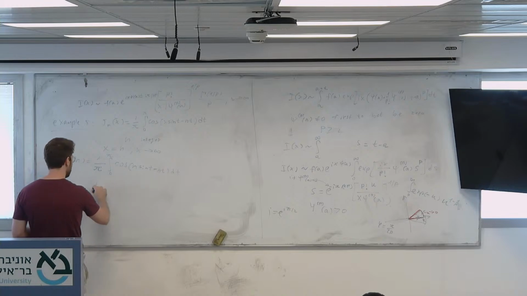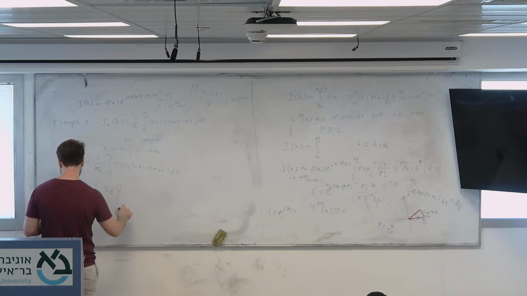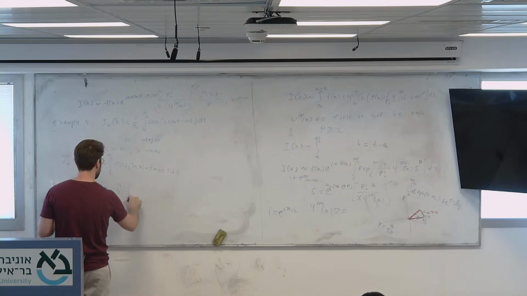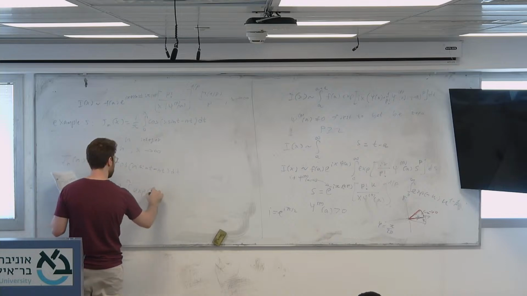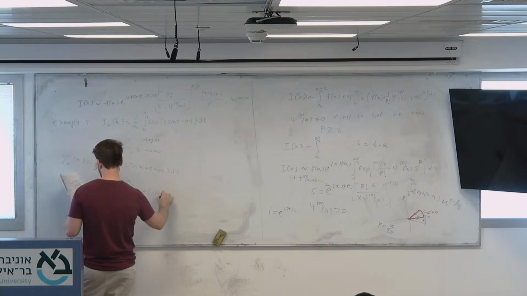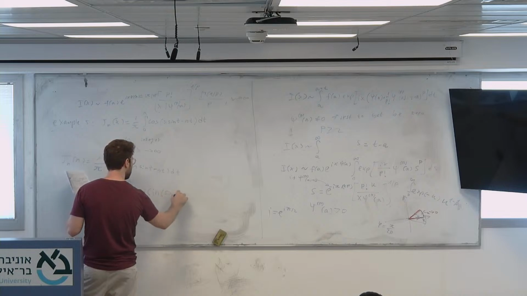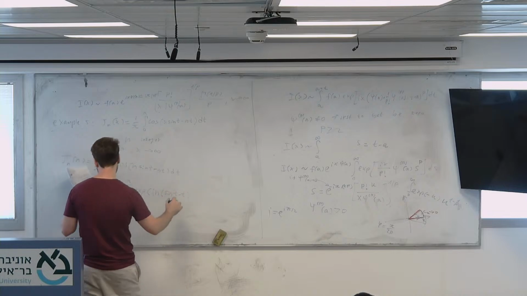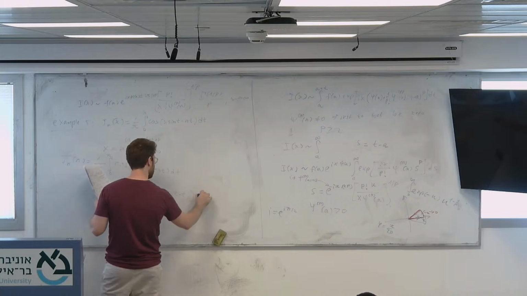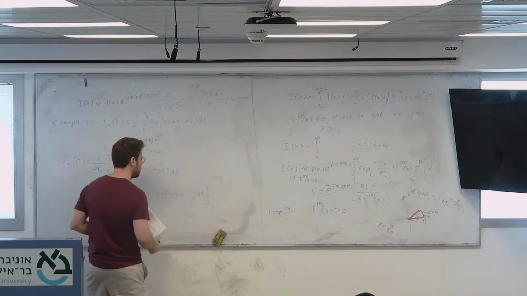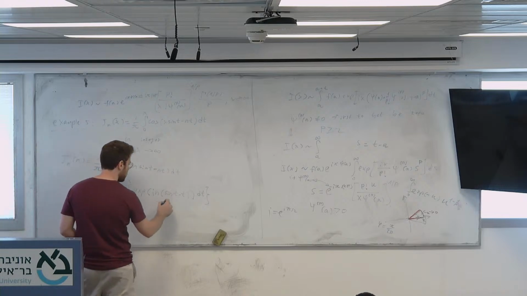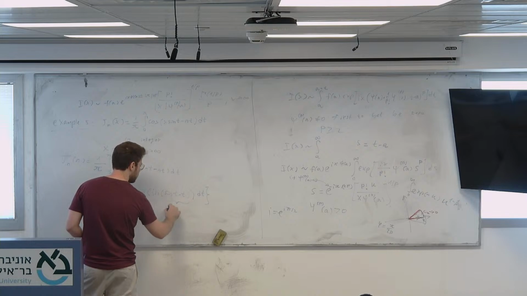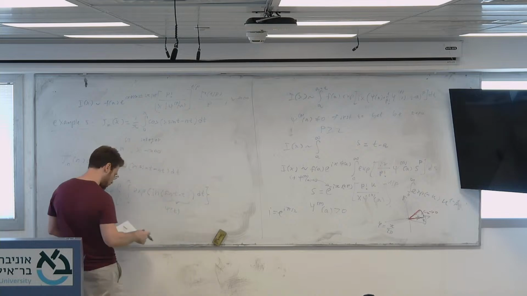So you will have 1 over pi, real part of the integral from 0 to pi of e to the i(n sine t minus t) dt. So this would be our psi function.